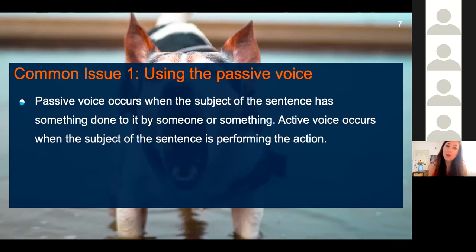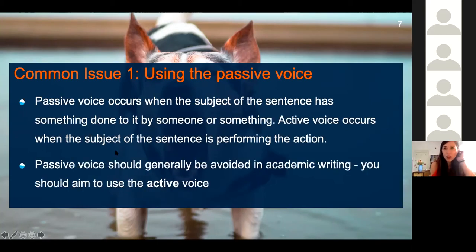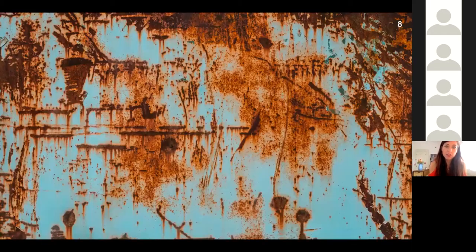The active voice is when the subject of the sentence is performing the action. I'll give you an example so this makes sense in a minute. Passive voice should generally be avoided in academic writing. You should aim to use the active voice, as you will see in this example on the next slide.